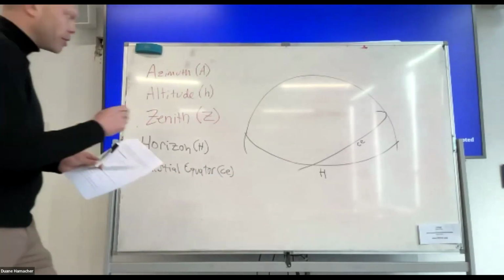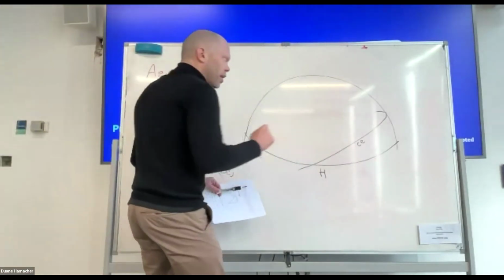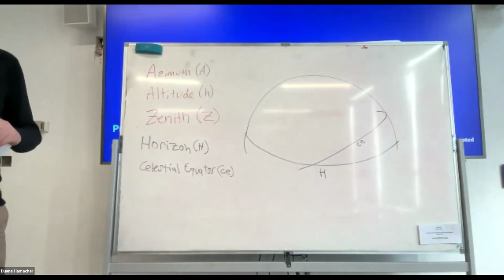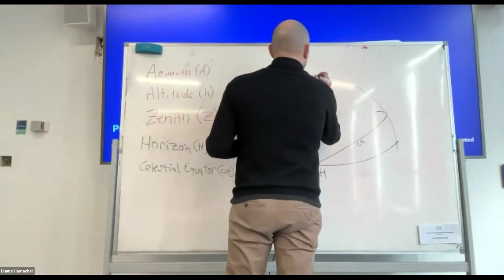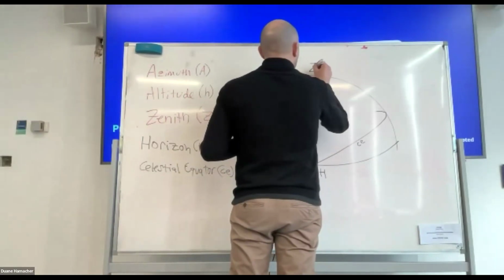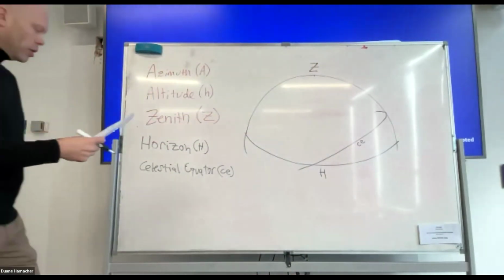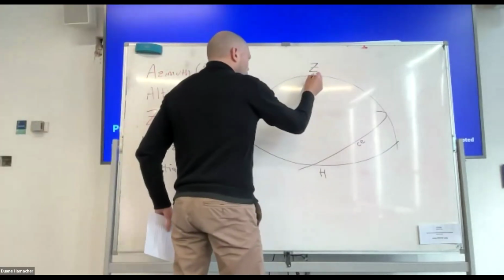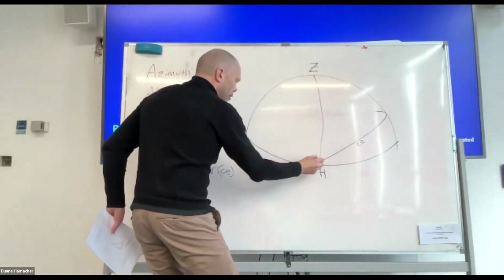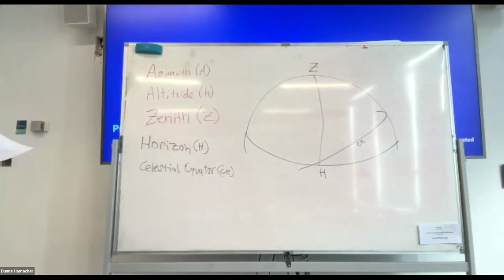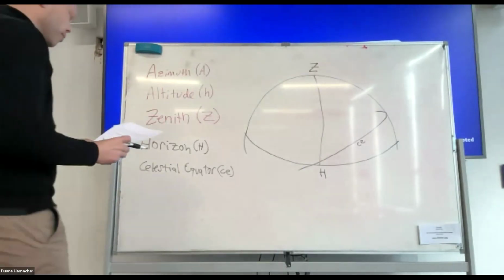So if this is the horizon here, we're at zenith, directly at the top, right here. We're going to call this Z for zenith, right? And there's going to be an angle that goes from that down to the local horizon.